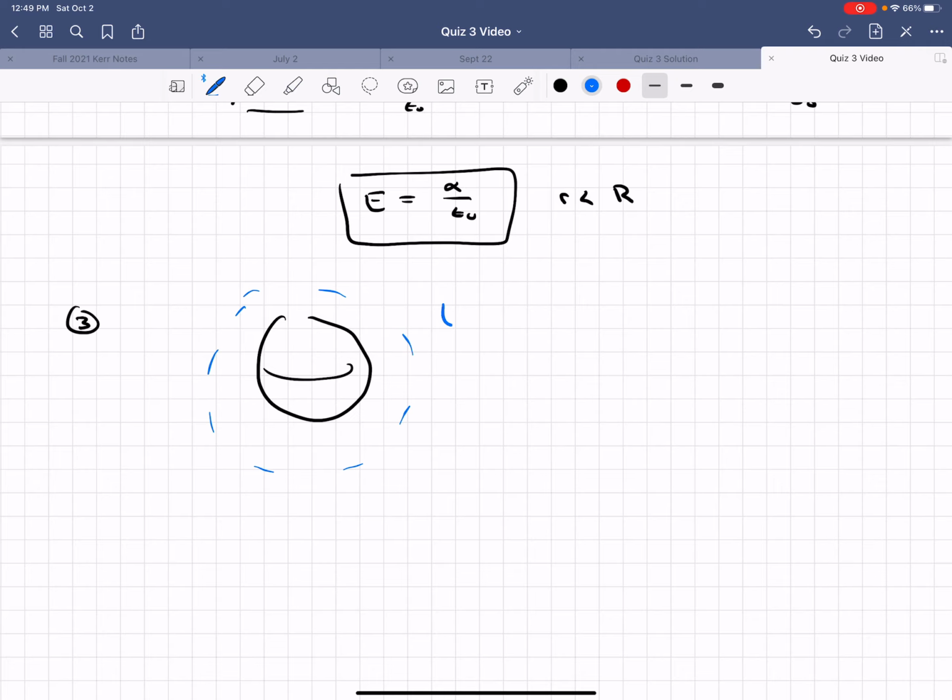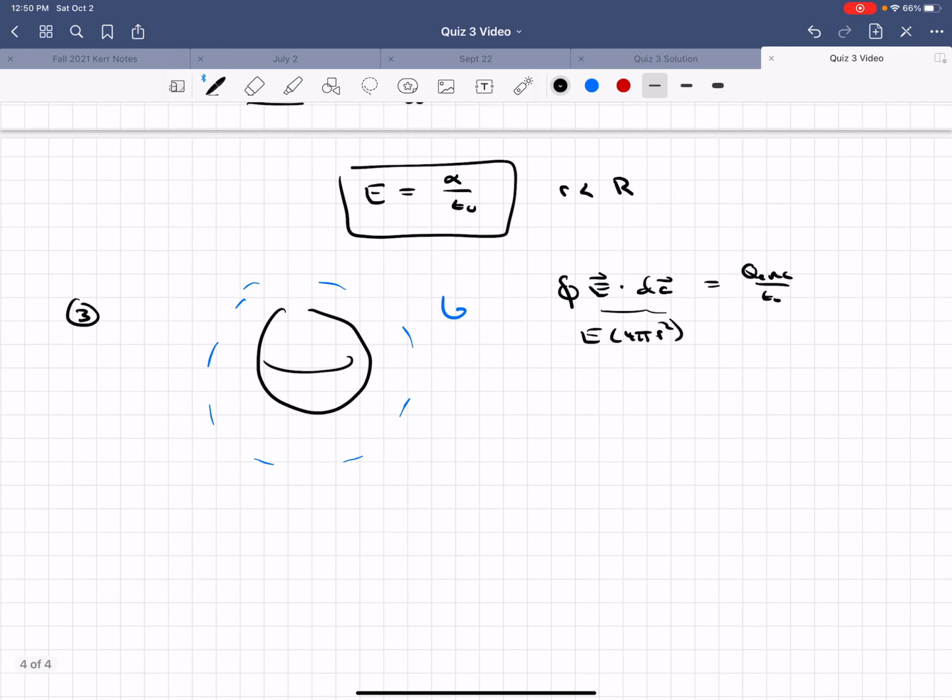Now the difference between problem 2 and problem 3 is that I'm moving my Gaussian surface outside the entire sphere. Again, the integral of E dot dA is Q enclosed over epsilon naught, and on this side I have E times 4 pi r squared because I have a symmetric situation.